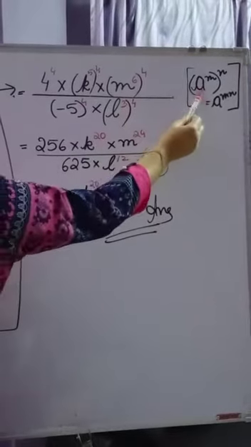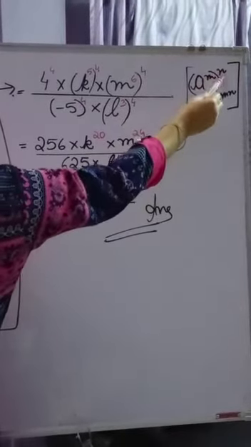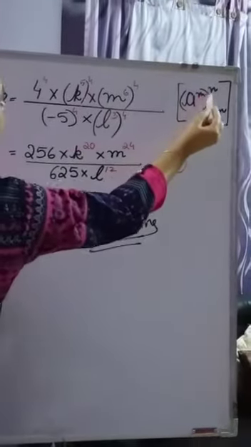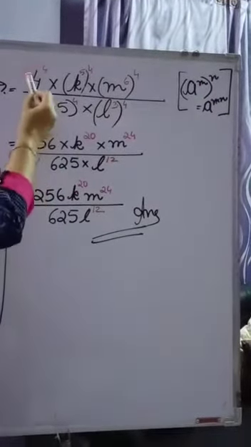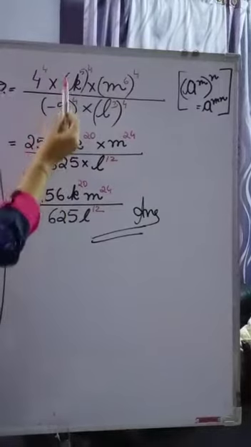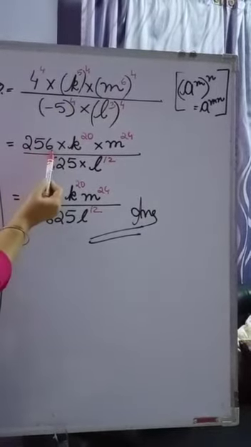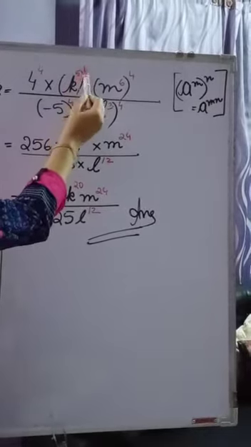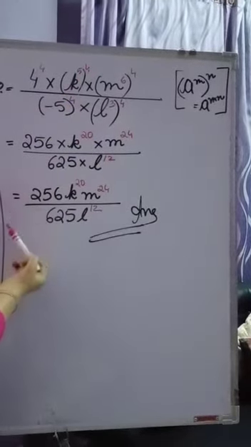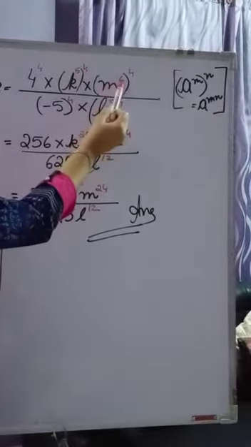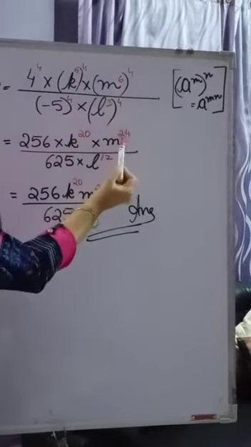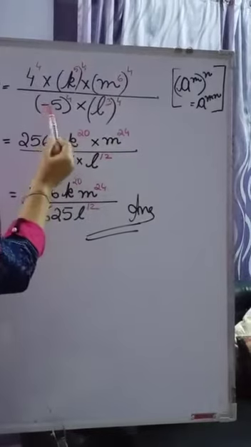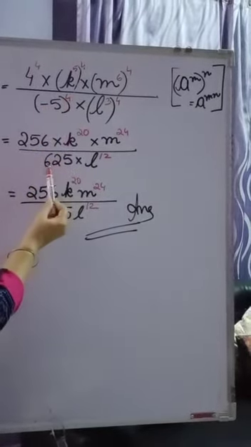So this is the law: a to the power m whole to the power n is equal to a to the power m into n. That means the powers are multiplied. So now we will just multiply here. 4 to the power 4 is equal to 256, into k to the power 5 into 4 is equal to 20, and m to the power 6 into 4 is 24, divided by minus 5 to the power 4.